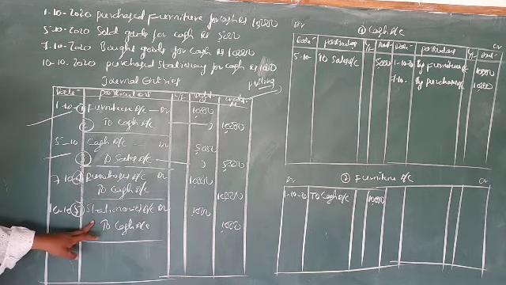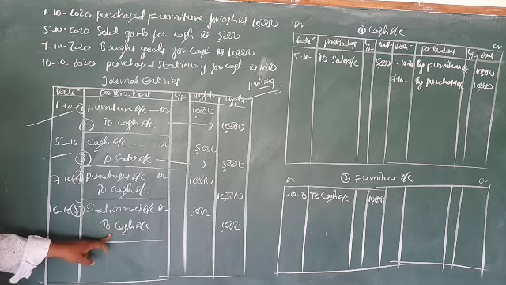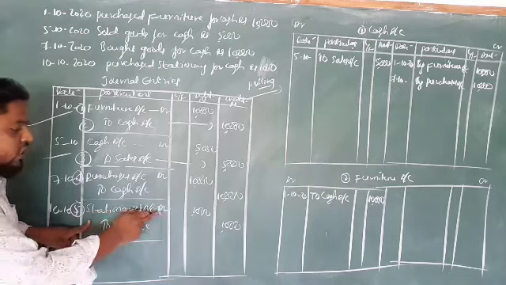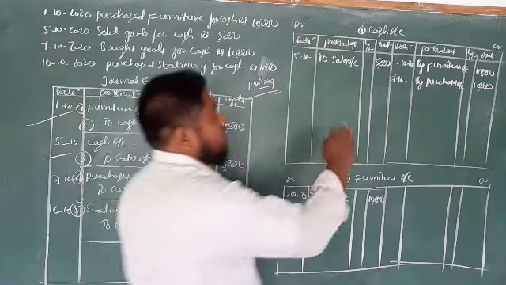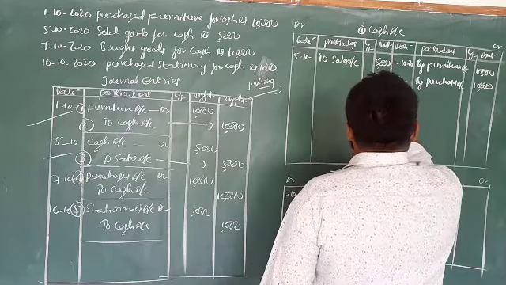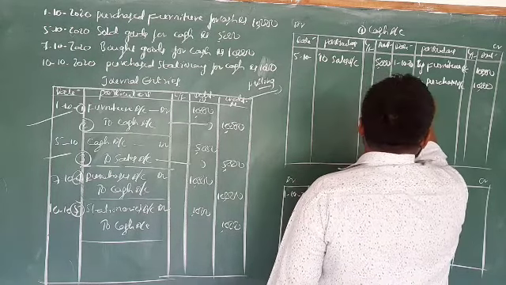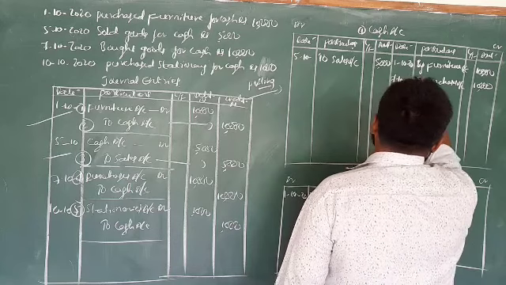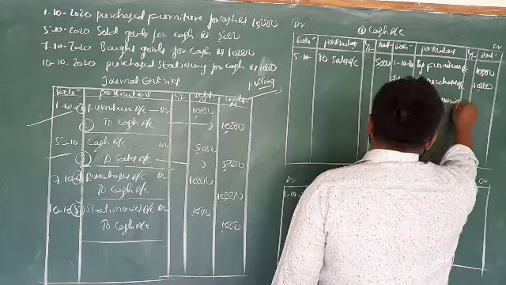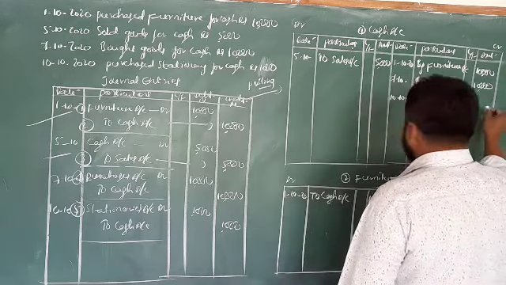Next, stationery account debit to cash account. In the cash account, we have to enter stationery. Stationery is a debit side, so in the cash account, credit side, date 10, by stationery account, amount 1,000.